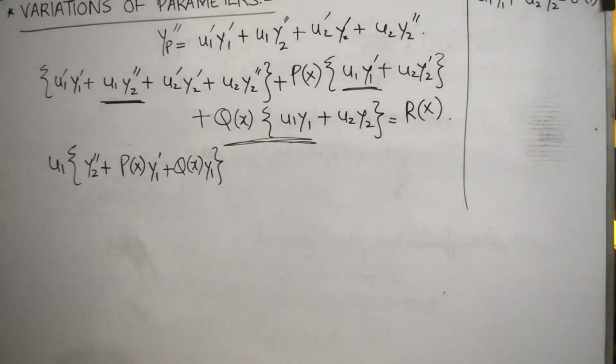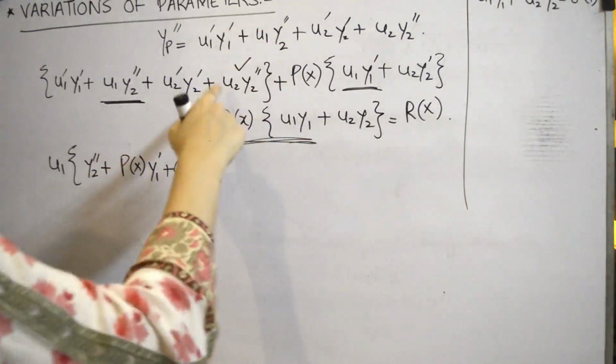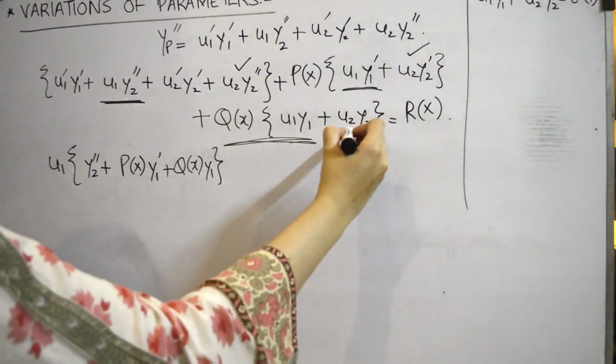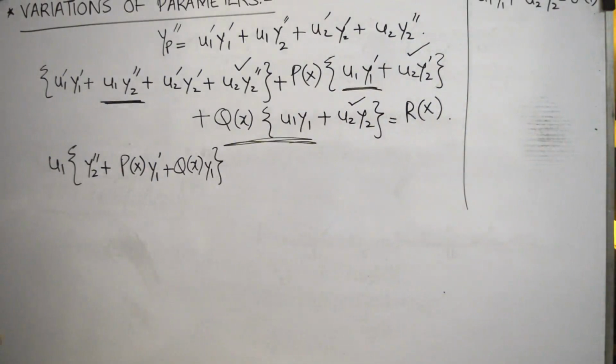Okay, and in the second step you have to select only the u2 terms, that is u2 y2 double dash, u2 y2 dash, and u2 y2, simply u2. I will tell you why we are selecting these terms.